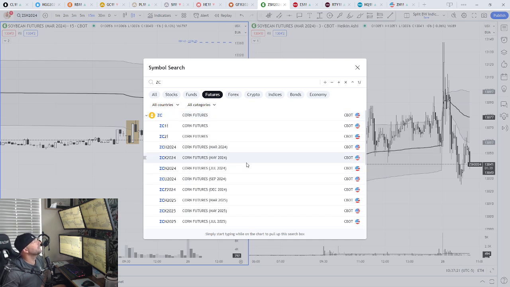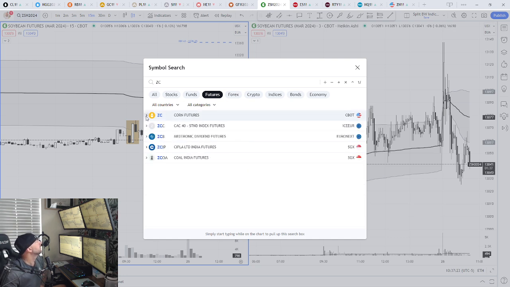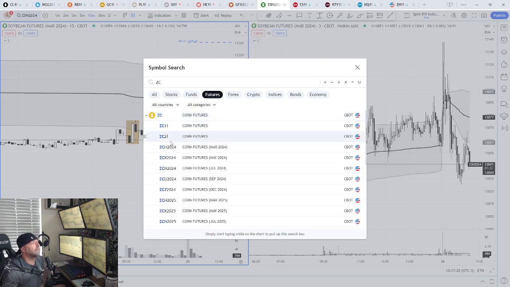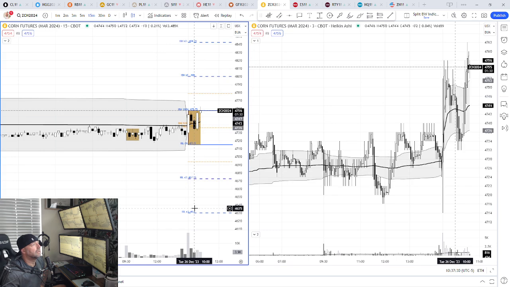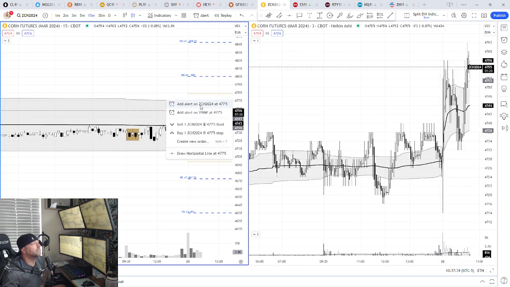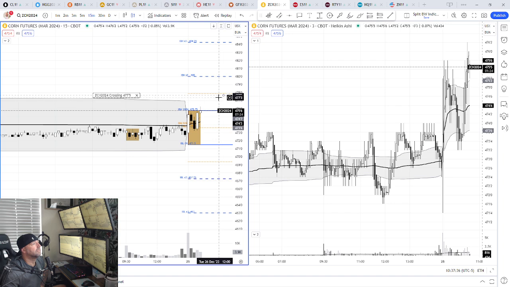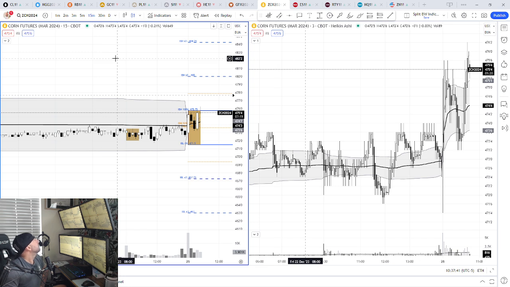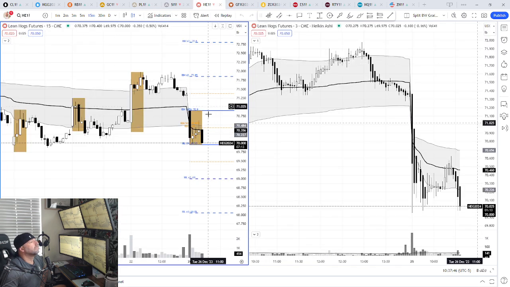It's going back to the balance. Not a big enough extension. Be interesting if we get up here. An alert. Alert down here.